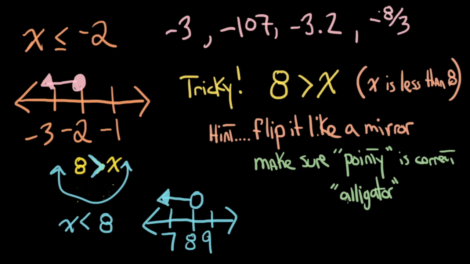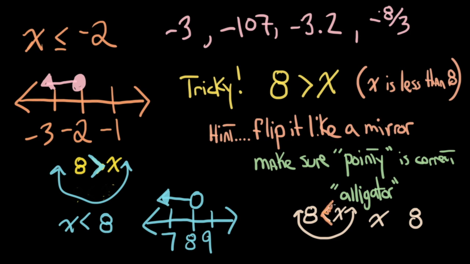What I meant by the alligator part, so if it's an alligator, so take a look at this, right? 8 is less than x. So this time when I flip it, like a mirror, it goes like this then. X, 8, and then the alligator part, this is what I mean by the alligator part. See this? Or Pac-Man.